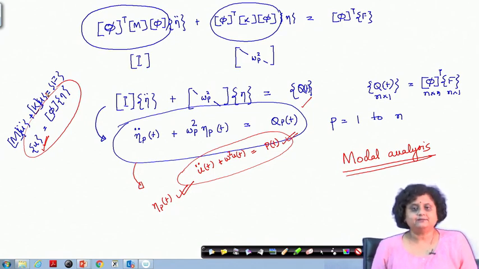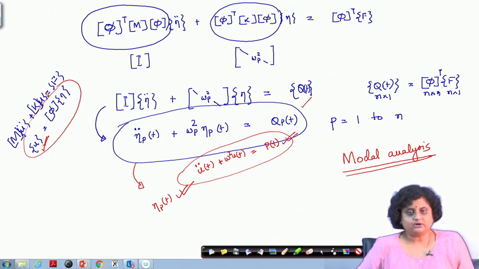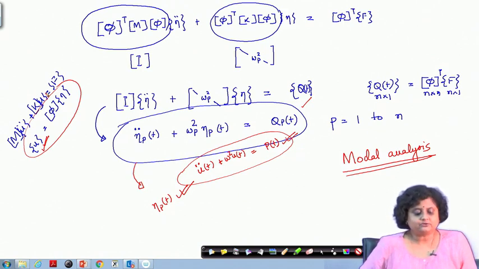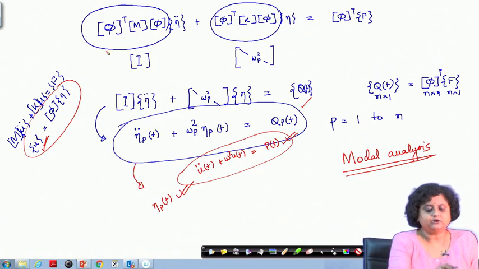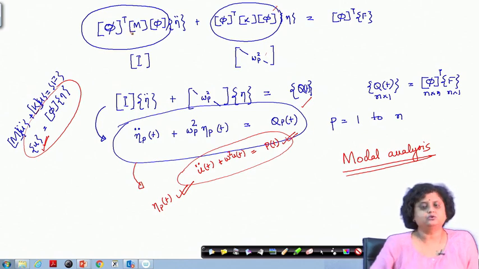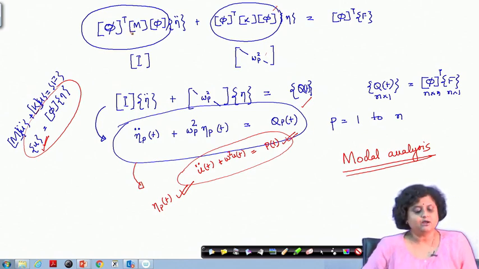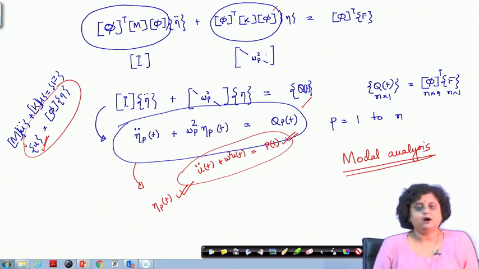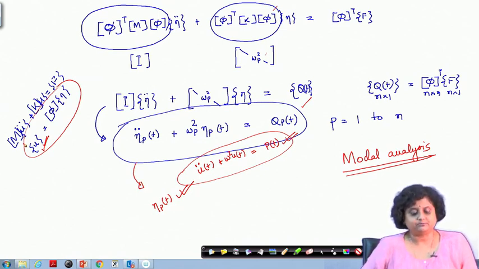So, this is a very important concept of structural dynamics or vibration of multi-degree of freedom systems, because what we need to know is just the orthogonality conditions of the mode shape. We just need to know the natural frequency, the mode shape, and the orthogonality condition of the mode shape. If we know all this, then we can easily convert a multi-degree of freedom system to a set of single degree of freedom systems.